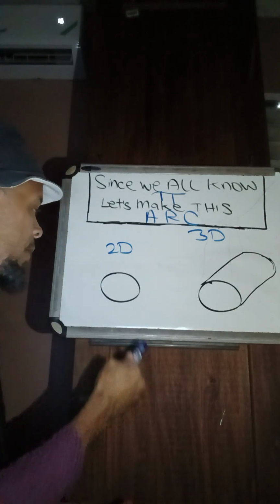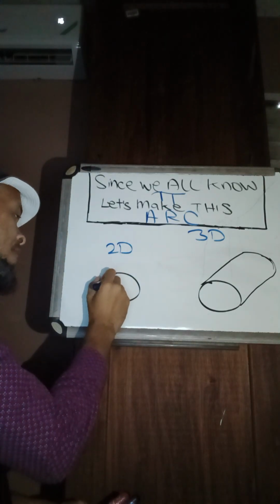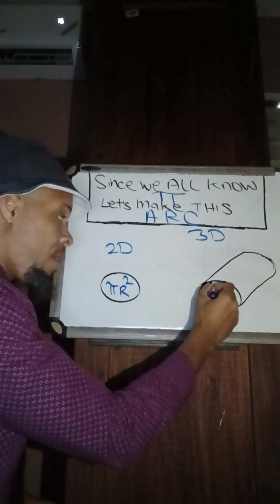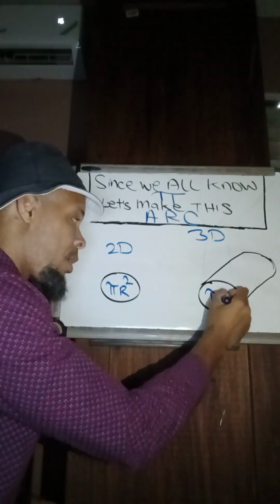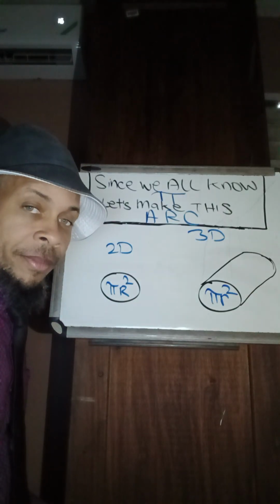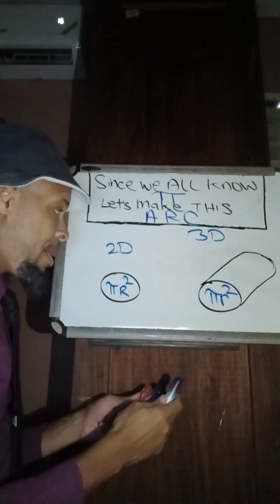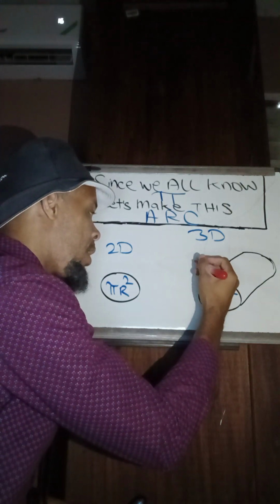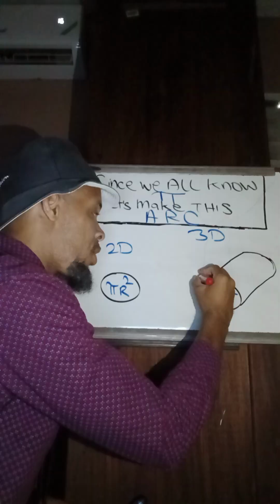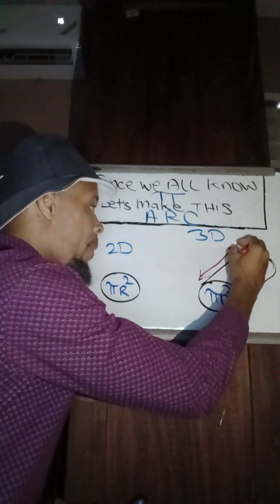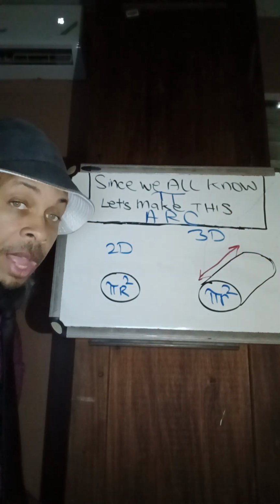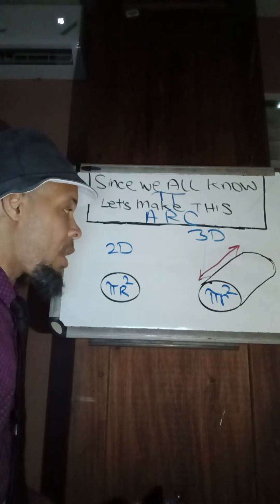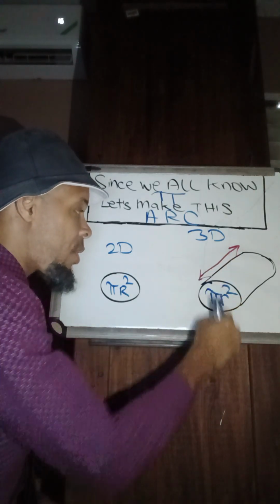Of course, the area of this is in fact this, and the area of this face is also this. However, because you also have the added dimension of that right there, think of it like this is the length, this is the width.